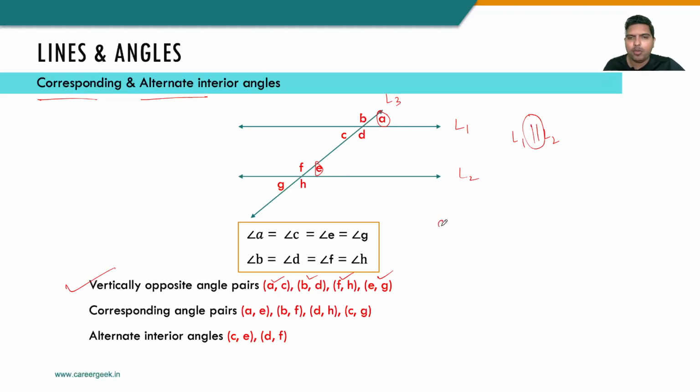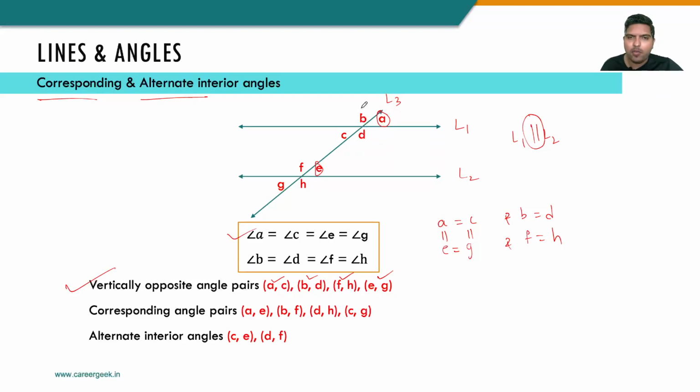So from vertically opposite angles, we can say A is equal to C and B is equal to D, and E is equal to G and F is equal to H. As per corresponding angles, A is equal to E. So since A is equal to C, C will be equal to G.